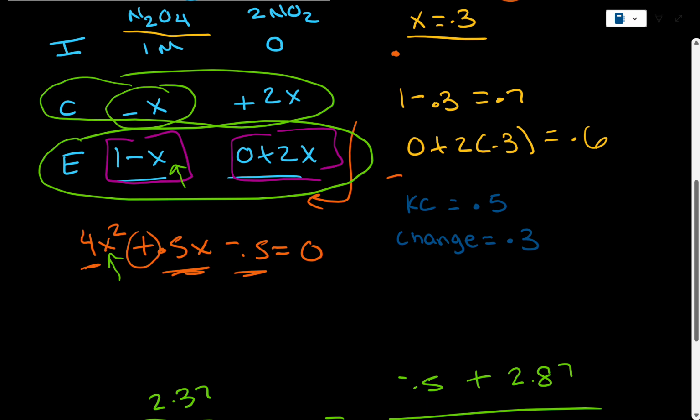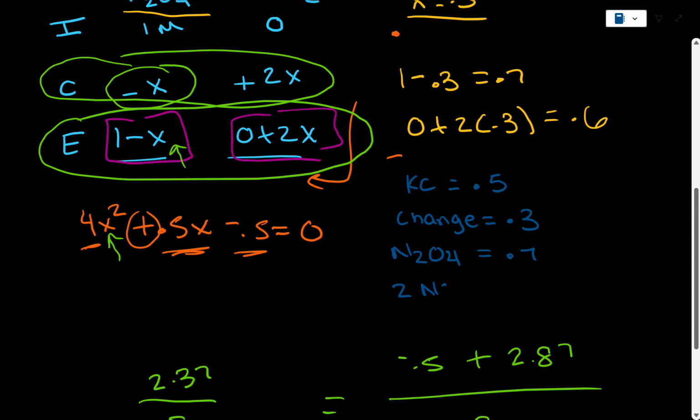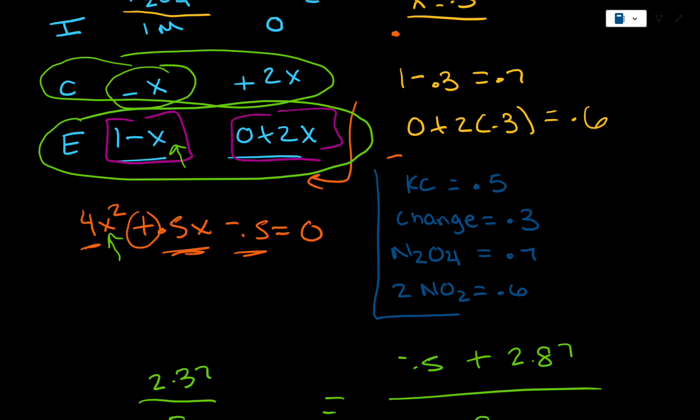And then we used the change to find the equilibrium concentrations for both the product and the reactant. So N2O4 is going to equal 0.7, and 2NO2 is going to equal 0.6. This is it. This is all the answers.